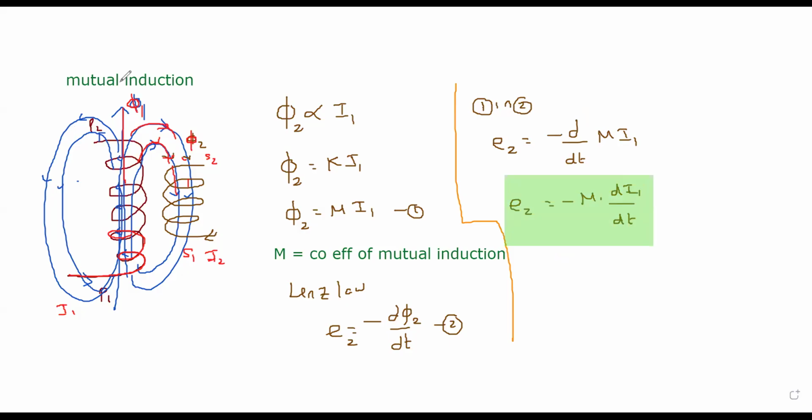Now, based on this formula only, we are going to define 1 Henry of mutual induction. Rearrange this. From this, what is M? M is equal to minus E2 by dI1 by dt.